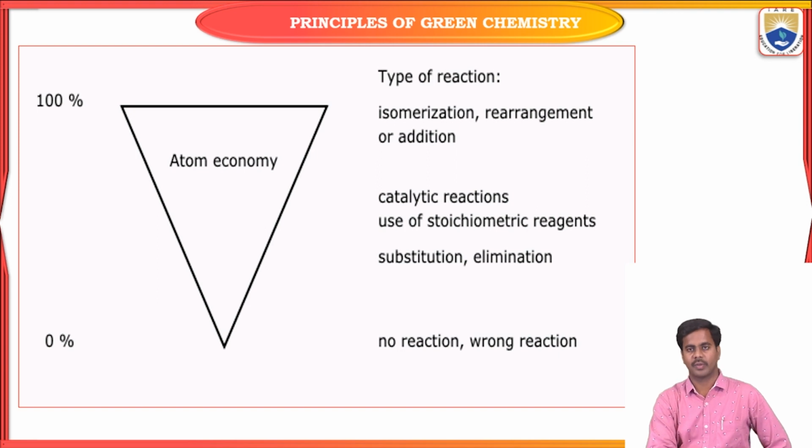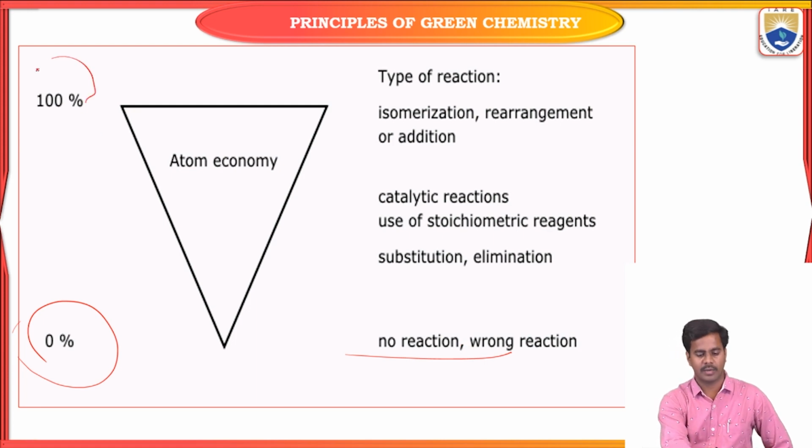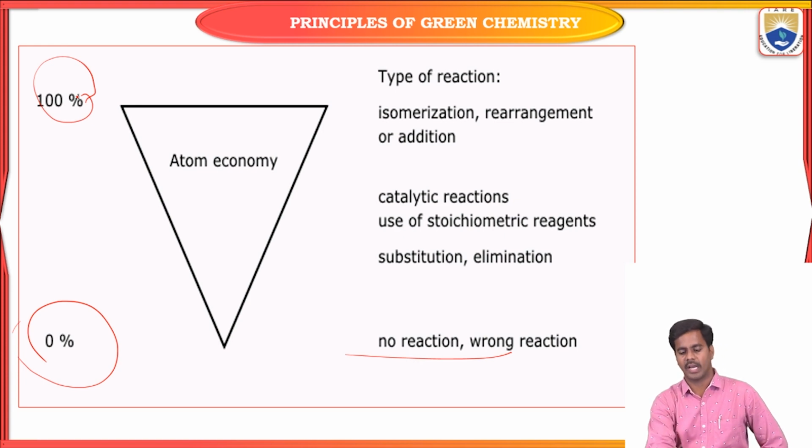If the atom economy decreases, the type of reaction also changes. If the atom economy is 0%, then there is no reaction or it is a wrong reaction. That is about atom economy.